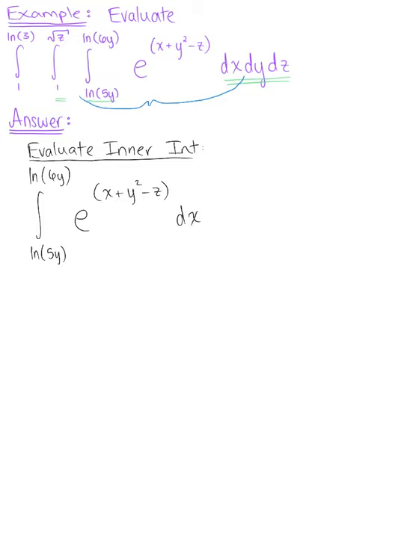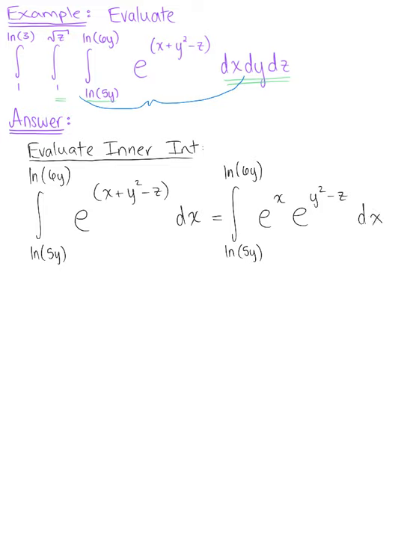If it helps in evaluating this, using properties of exponents, we can rewrite the integrand. The integral from the natural log of 5y to the natural log of 6y of the natural exponential raised to the x multiplied by the natural exponential raised to the y squared minus z dx.